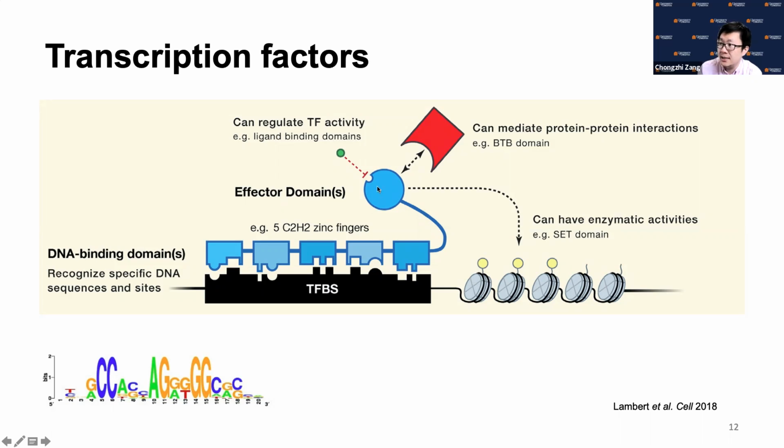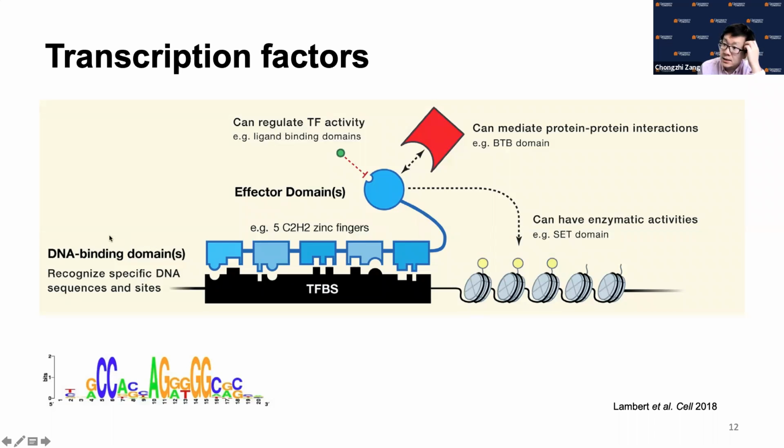So these domains can be a ligand binding domain, or they can mediate protein-protein interactions by interacting with other protein molecules, or they can have enzymatic activities to add or remove histone modifications or, in general, chromatin post-translational modifications on other types of proteins.